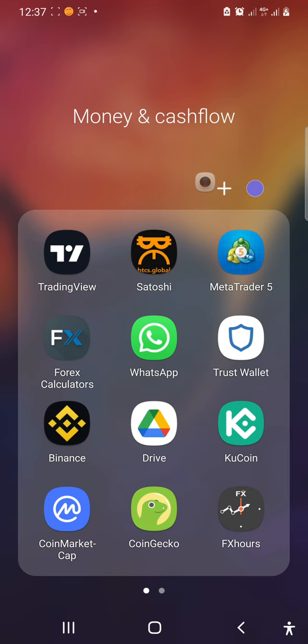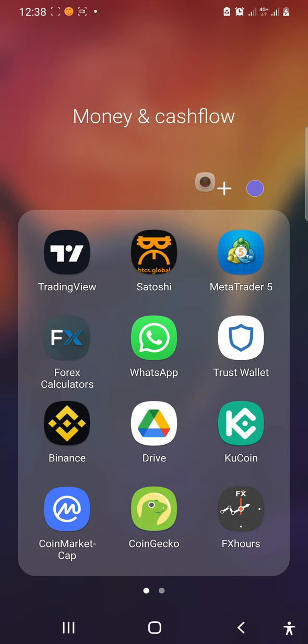So TradingView is an all-encompassing app. It contains stocks, forex, currency pairs, crypto, DeFi coins, and a whole lot of that, and new setups and communities and all of that.